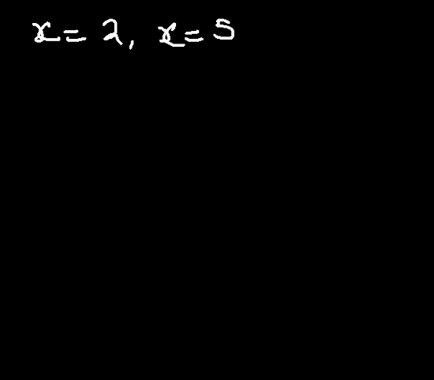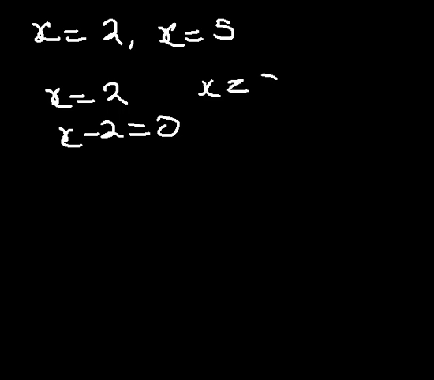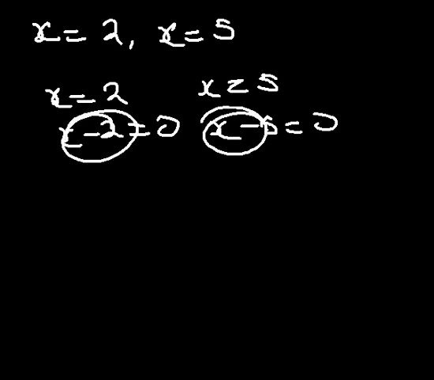You have to understand that having x equal to 2 is the same as having x minus 2 is equal to 0. And having x equal to 5 is the same as x minus 5 is equal to 0. Hence x minus 2 and x minus 5 are the factors of the quadratic equation which we have to develop.